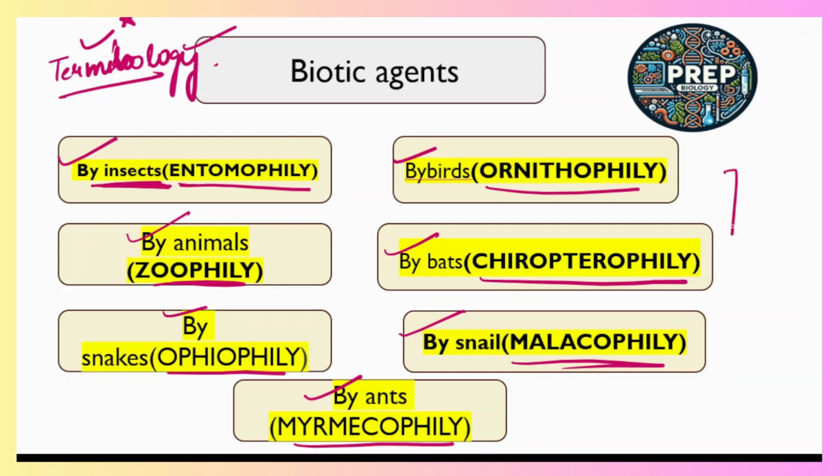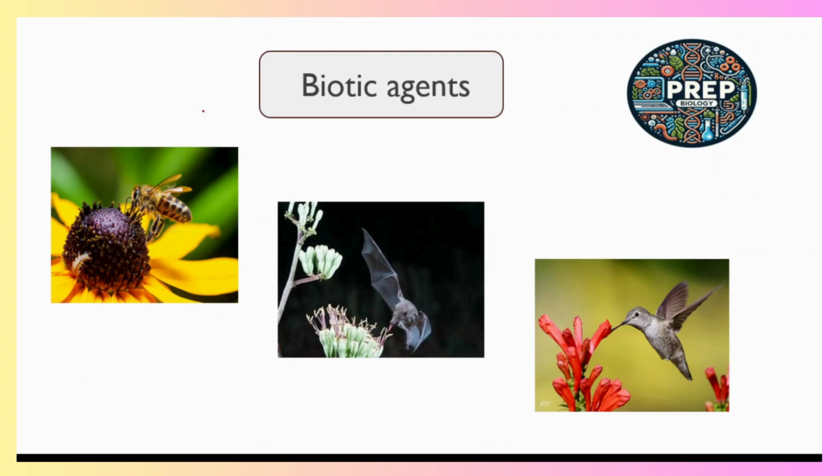So all these terms are very, very important. Make sure you note them down carefully. So this is all about the agents of pollination, biotic and abiotic agents.